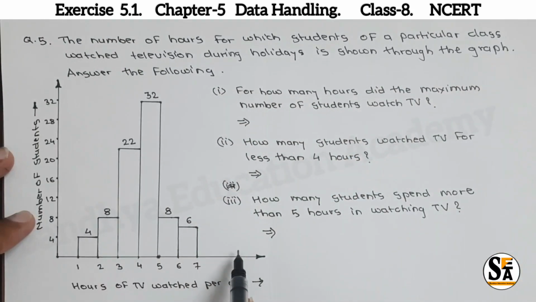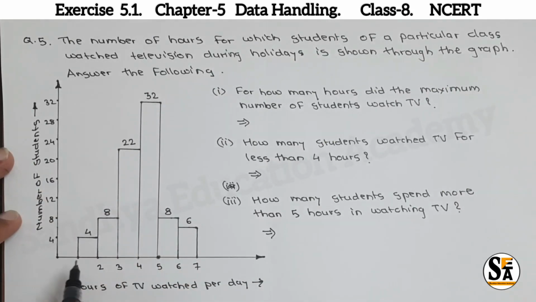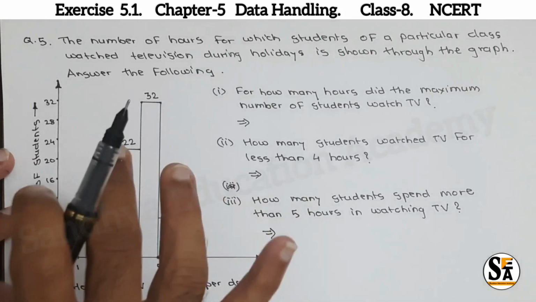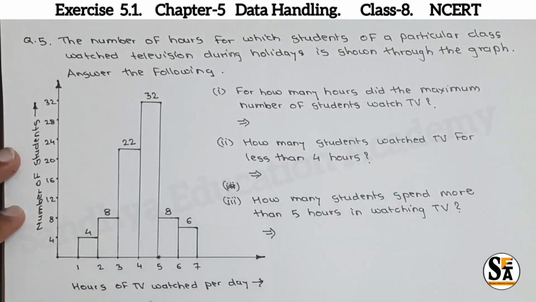This graph is shown, with hours of TV watch per day on this axis and number of students given. This is also a histogram because the class interval is given. These hours, 1 to 2 hours, 2 to 3 hours, 3 to 4 hours, are the class intervals and this is the frequency. So from this histogram the questions are asked and we have to answer them.